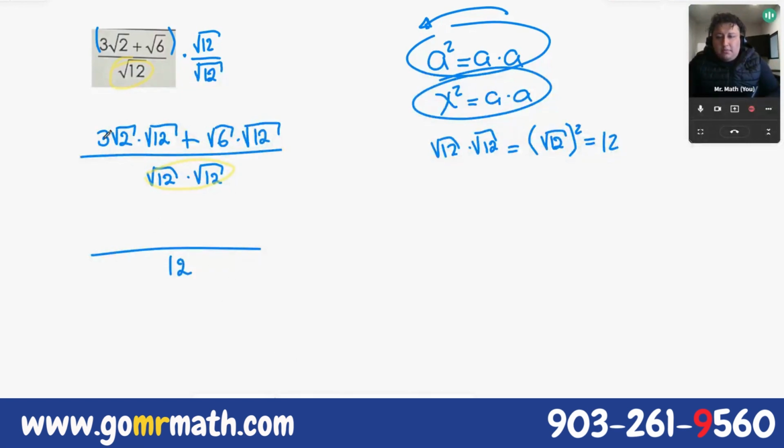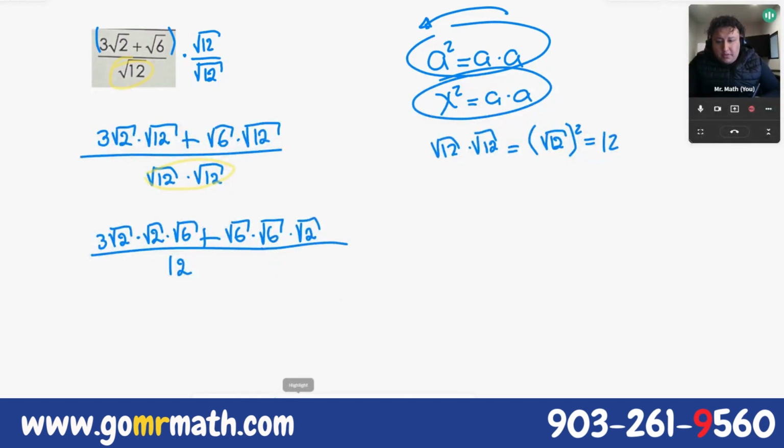Let's see what we have on the numerator. We have 3 root of 2 times root of 12. Let's write it as root of 2 times root of 6, because 2 times 6 is 12. Now for the root of 6 times root of 12, we write root of 6 times root of 2.